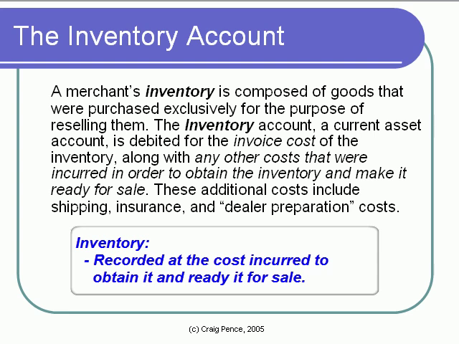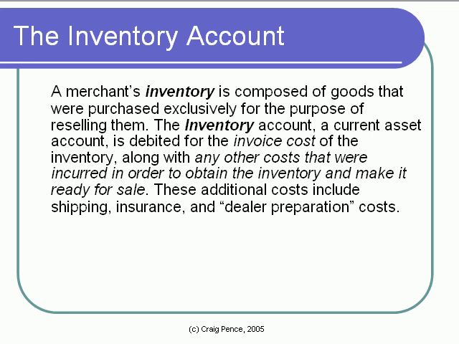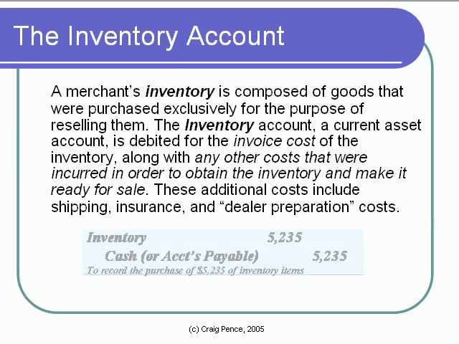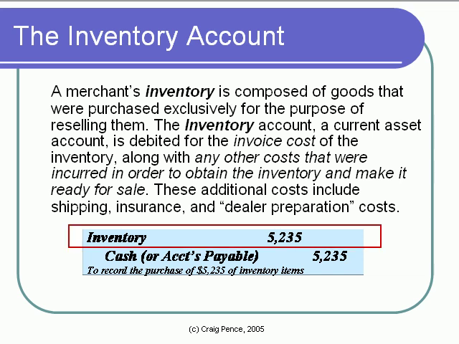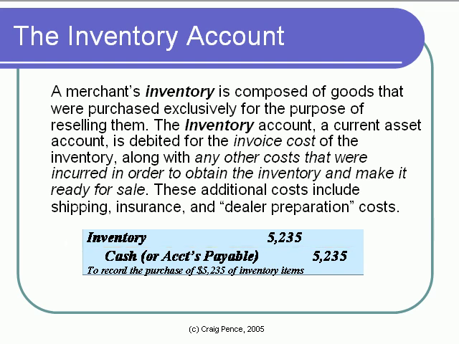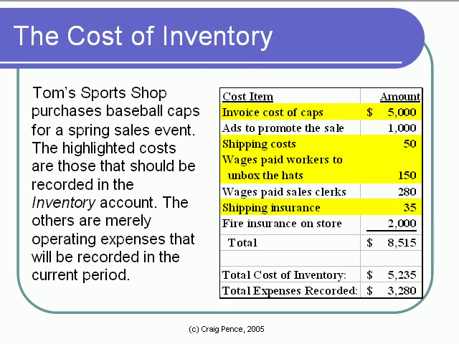The answer to the first question is inventory should be debited and cash or accounts payable should be credited for any costs incurred to obtain the inventory and to ready it for sale. Costs that can be included in the inventory account are referred to as inventoriable costs. In the example here, we have $5,235 of inventoriable costs to record.